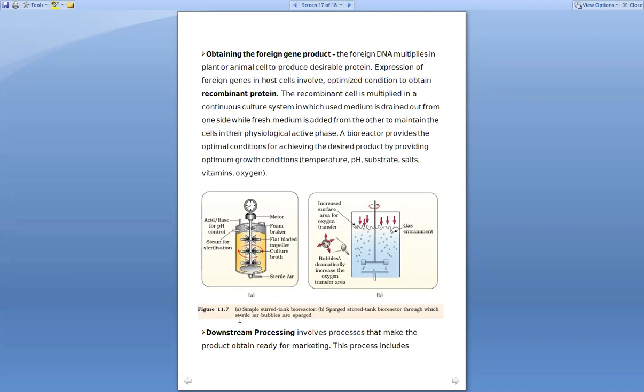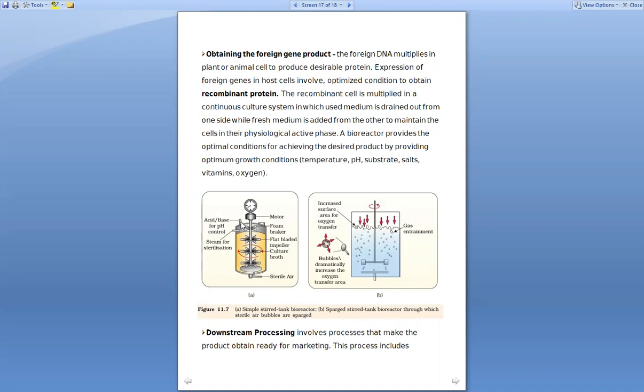So the next type is the sparged stirred tank reactor. You can see here that sterile air is also added to the medium. For this reason continuous air circulation is given, right?